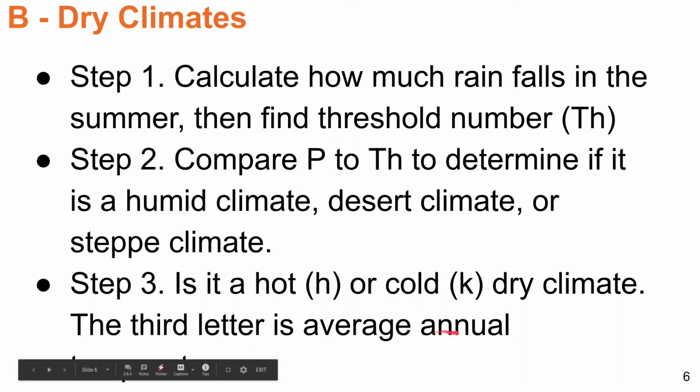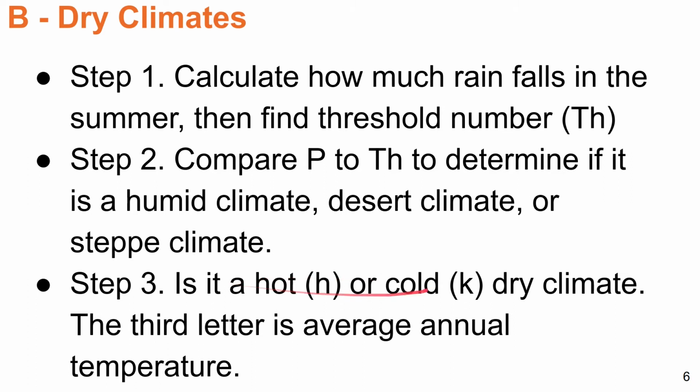The third letter is the average annual temperature, and that involves no math. You'll be happy to hear the last step is the easiest. No math. You just look at the numbers and go, well, is it warmer than 18? It's hot. Colder than 18 year-round? Cold. So those are the 3 steps that we're going to use to determine what kind of dry climate we're looking at.